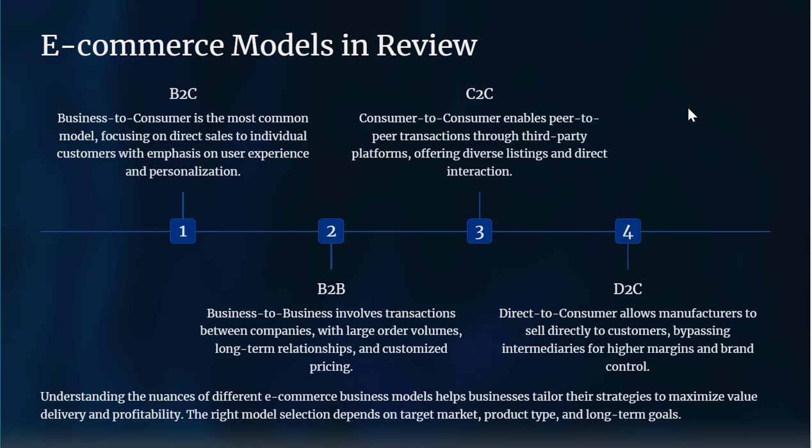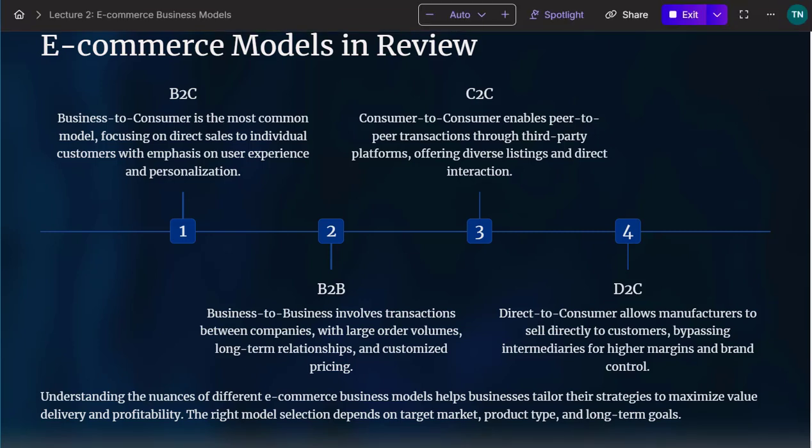C2C enables peer-to-peer transactions through third-party platforms, offering diverse listings and direct interaction. D2C allows manufacturers to sell directly to consumers, bypassing intermediaries for higher margin and brand control. Understanding the nuances of these models is crucial for businesses to tailor their strategies and maximize value delivery and profitability. The right model depends on the target market, product type, and long-term goal.